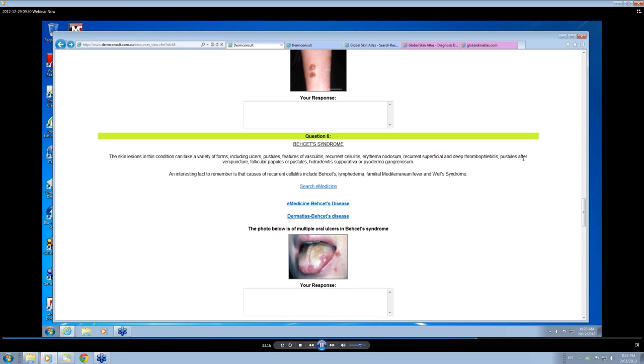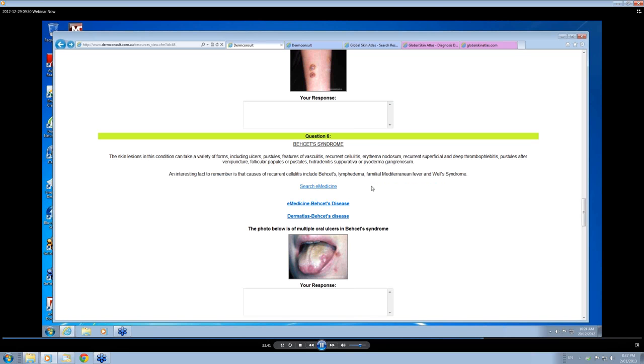And you'll see it in Behçet's, you'll see it in Sweet's, you'll see it in pyoderma gangrenosum. You may get follicular papules or pustules, hidradenitis suppurativa, or pyoderma gangrenosum as some of the cutaneous manifestations in Behçet's. Usually it's some form of genital ulcer, skin ulcer, perhaps eye lesions and oral ulceration that would make you think of Behçet's.